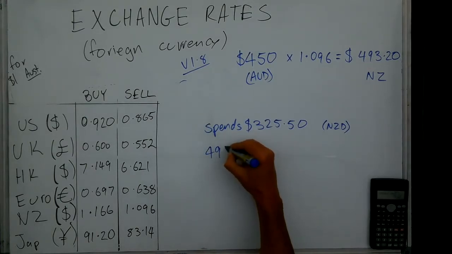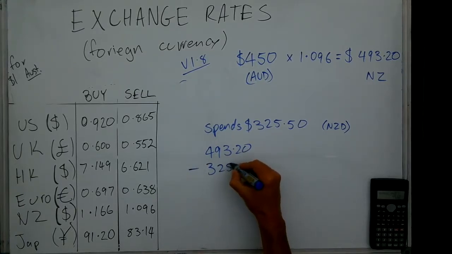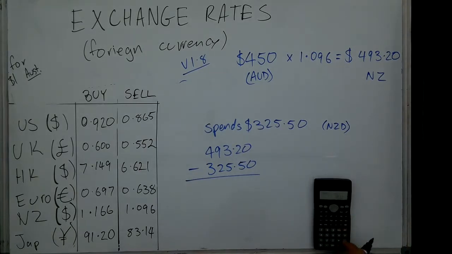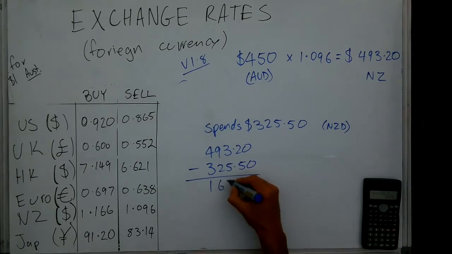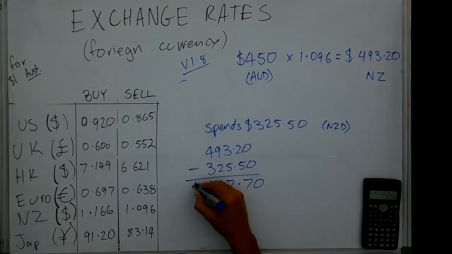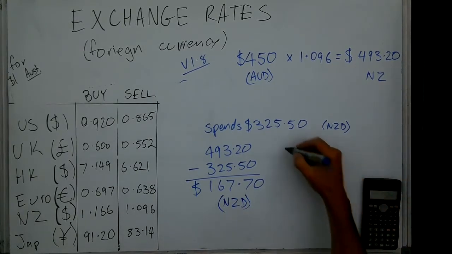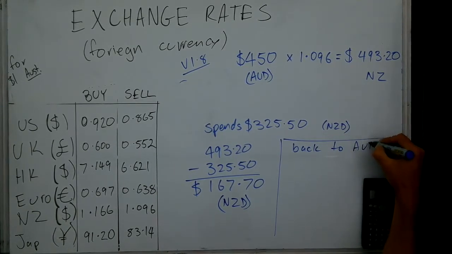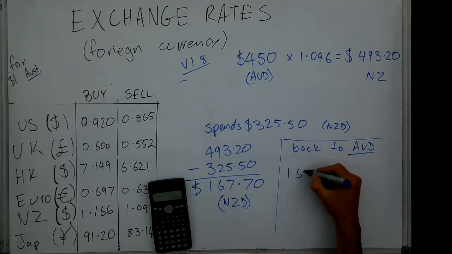So $493.20, take away $325.50. Let's just check in the calculator. So we come home with $167.70, and that's still New Zealand dollars. And so we want to convert back to Australian. So we're going to take $167.70.